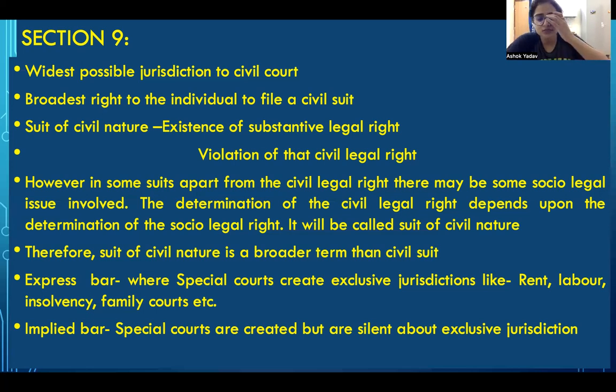So in such cases, we go into the intention of the legislature, and when you read the legislation, you get an idea that the intention of the legislature was not to let the plaintiff file the case in a normal civil court, but in the special court which is created for this purpose, right? So this is an implied bar which they are talking about under this section.